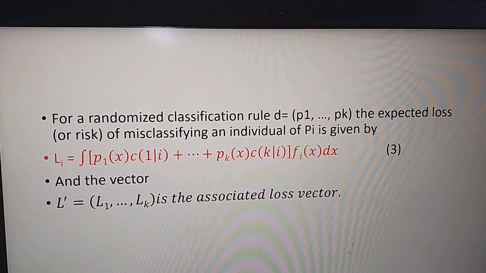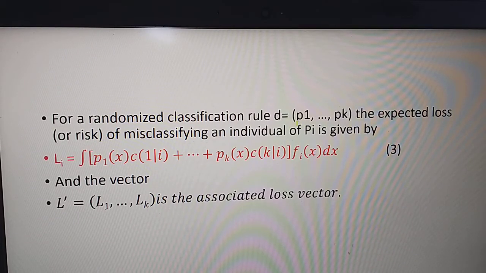Now, similarly for a randomized rule D, in the case of a randomized classification rule, we have the probability distribution P1, P2, ..., Pk. The expected loss is defined like this: Li is equal to the integral of (P1(x) C1i + ... + Pk(x) Cki) fi(x) dx.